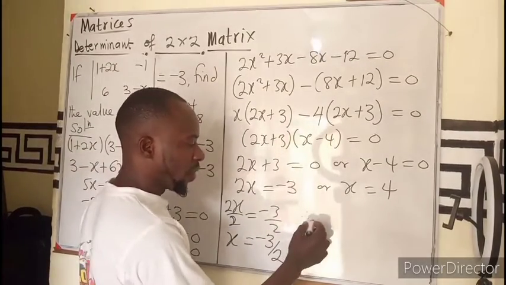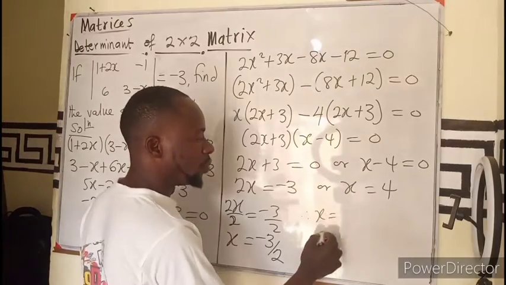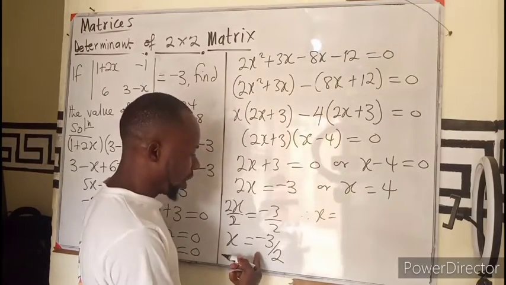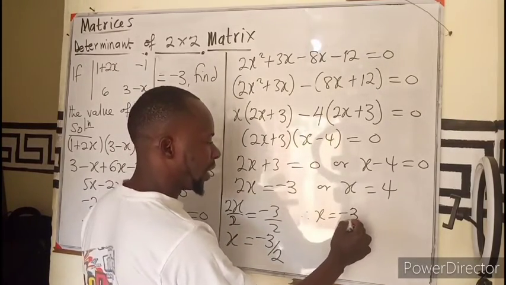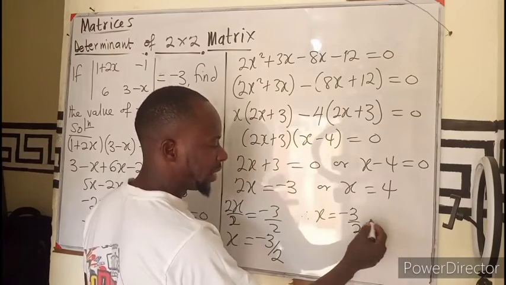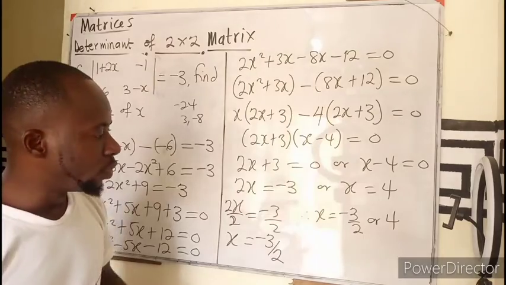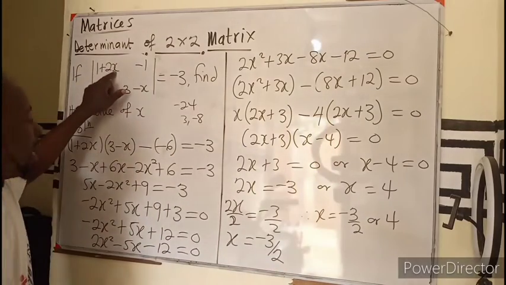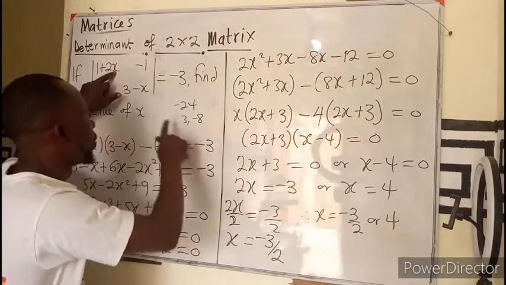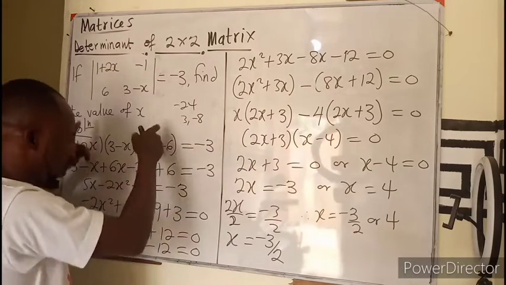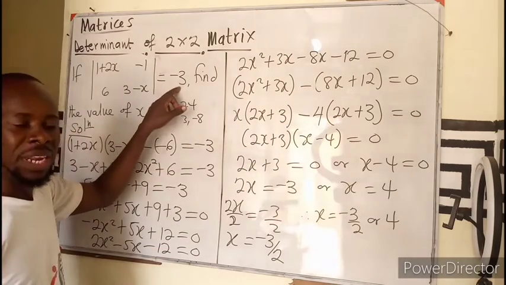Therefore, the value of x is going to be, if I want to start from the smallest, minus 3 on 2, and or this. These are the two values of x. If x is given this value and put it here, if you perform your determinant, you will get negative 3.